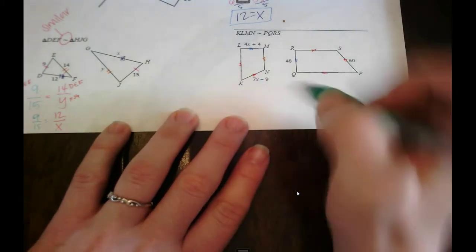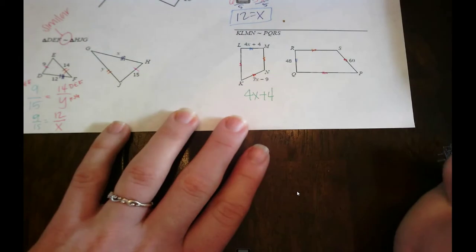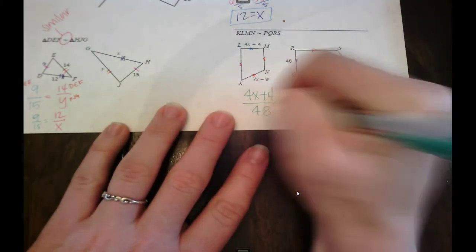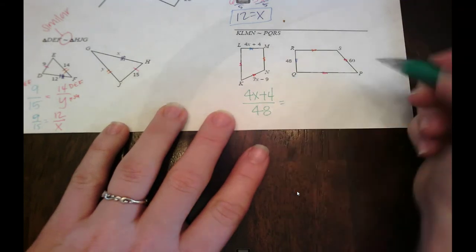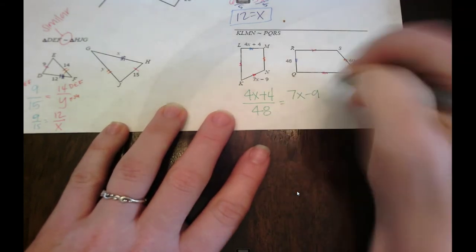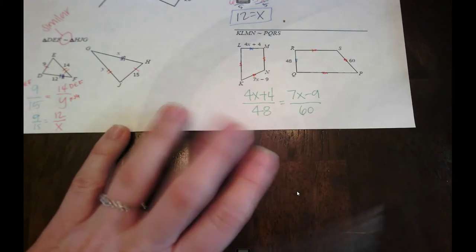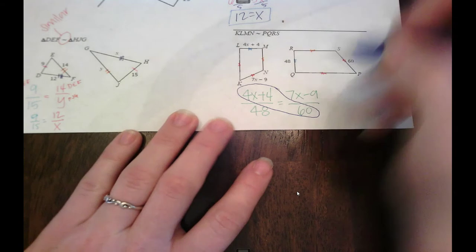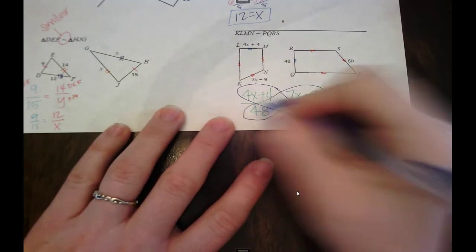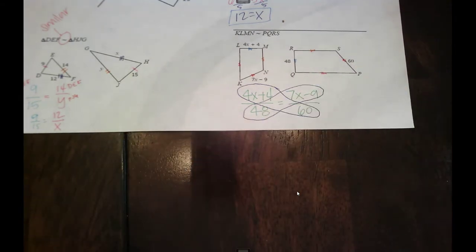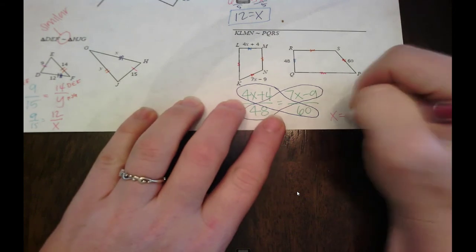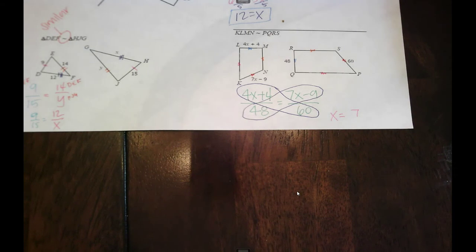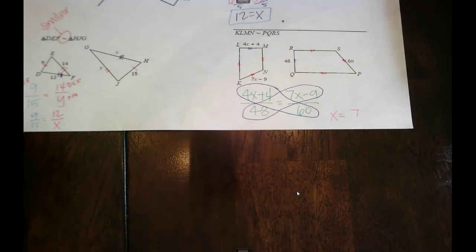So LN 4x plus 4 over 48. And that's going to equal, again, the same triangle on top over same triangle on bottom. Then I'm going to cross multiply and solve for x. When I do that, x equals 7. So you should know how to solve for x. That's why I'm not going through all the steps on this one. If you need help with that, let me know.